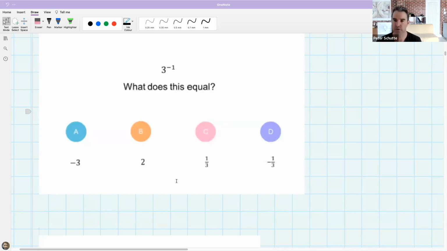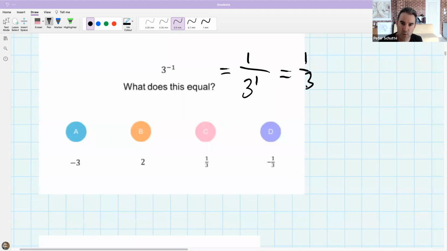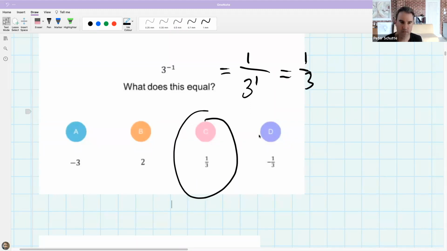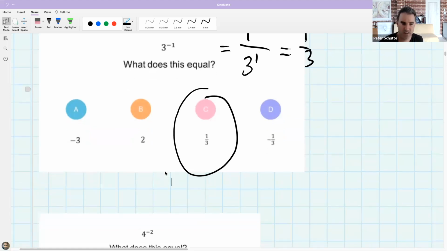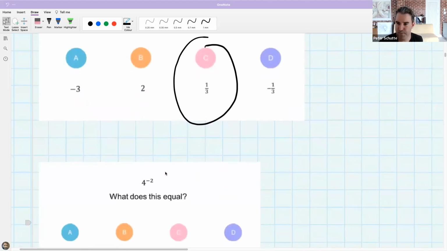How does that work? So in the earlier lesson, when we wanted a negative power to become positive, we had to take it from being the numerator to becoming the denominator. So we take it below the line and we get 1 over 3 to the 1, which is 1 over 3. And so the answer is C. Yeah, C, not so bad. Well done, guys. Yep, smashing it.